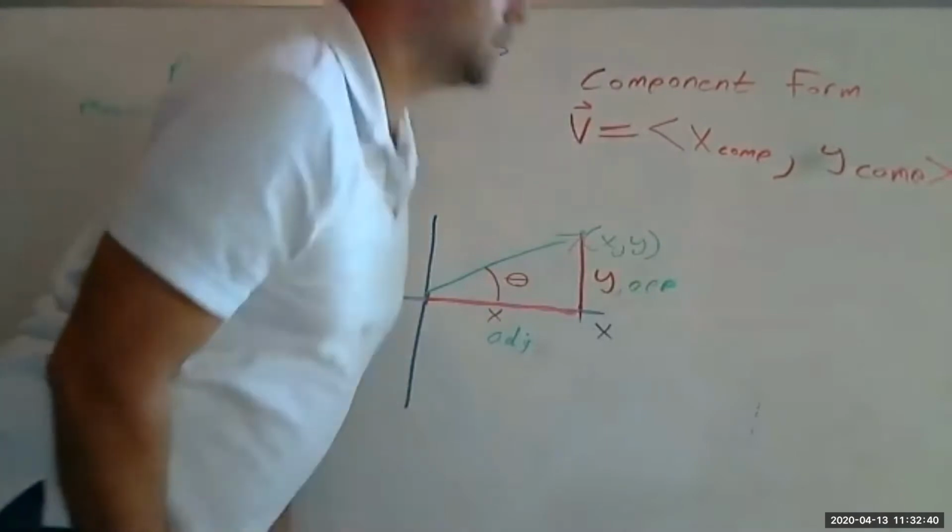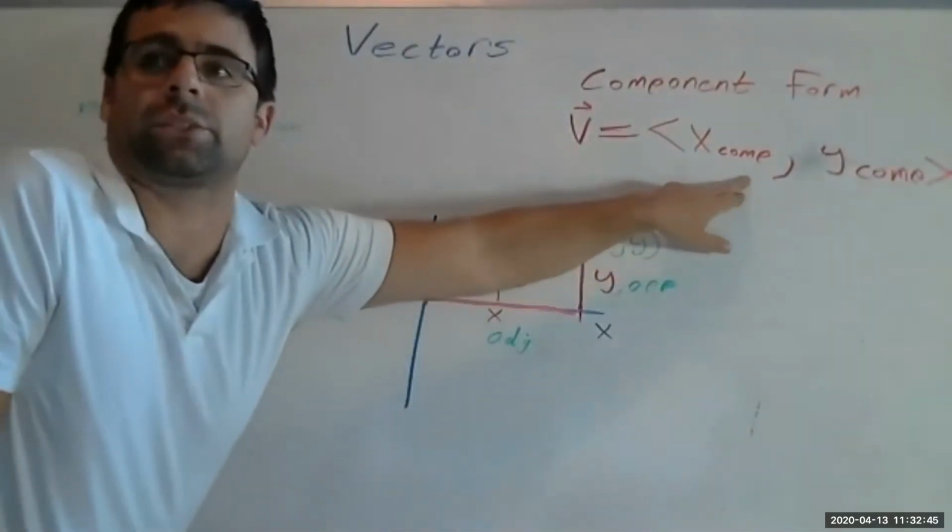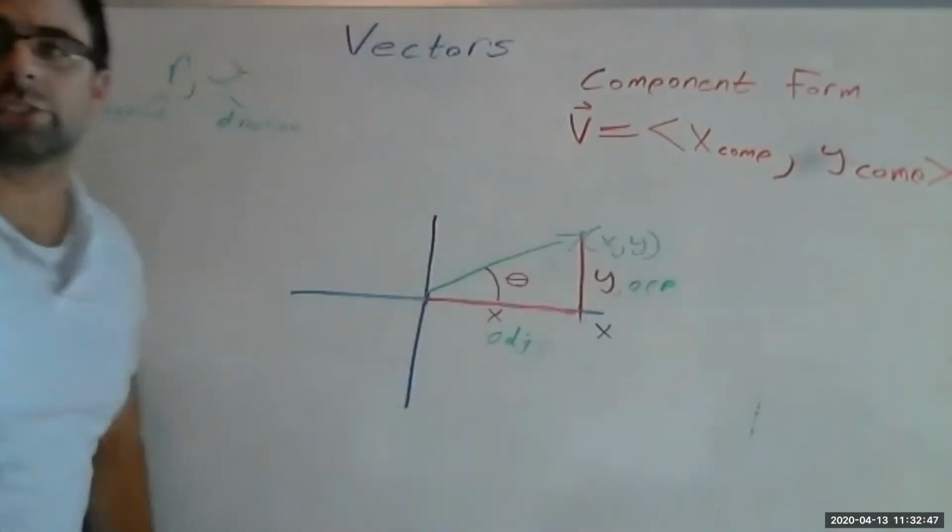It's basically saying this vector goes how far in the X direction and how far in the Y direction.